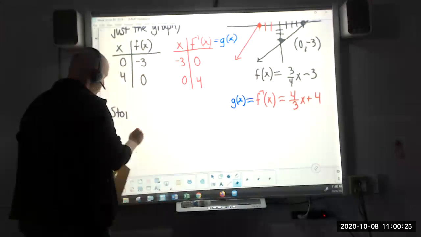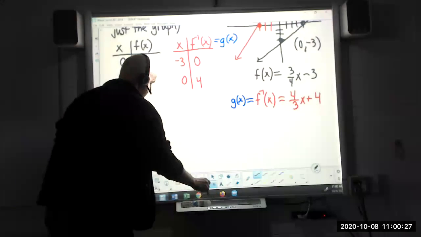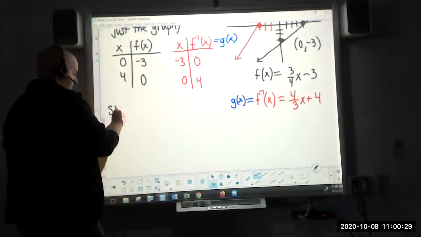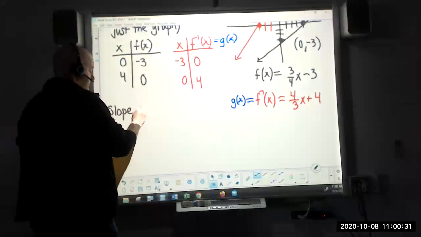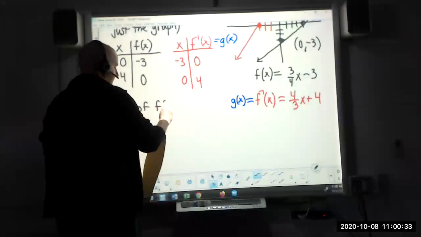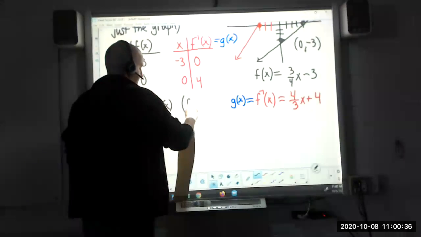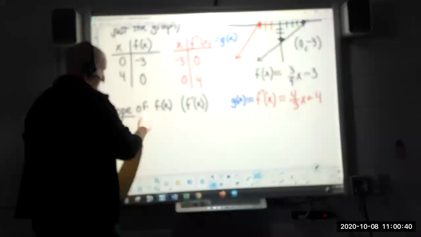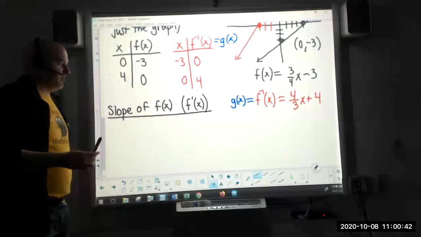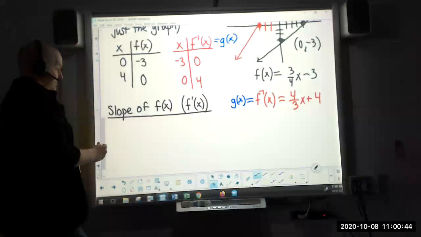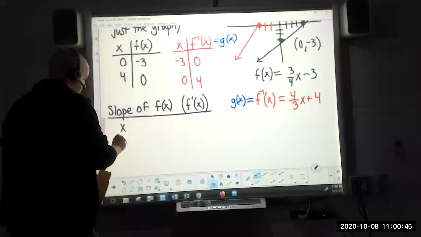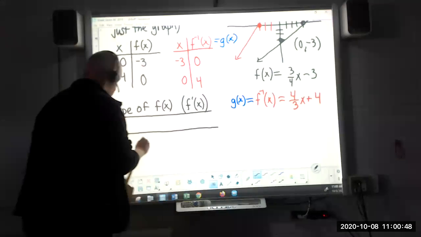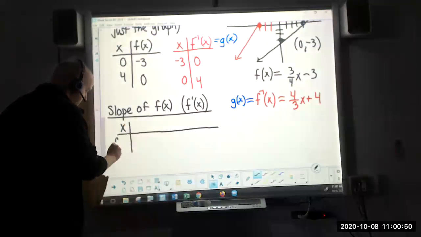I just spelled slope with a T. Let's talk about the slope of f. That's f prime. Okay, so let's talk about x values, and let's talk about slope values. That's f prime of x values.